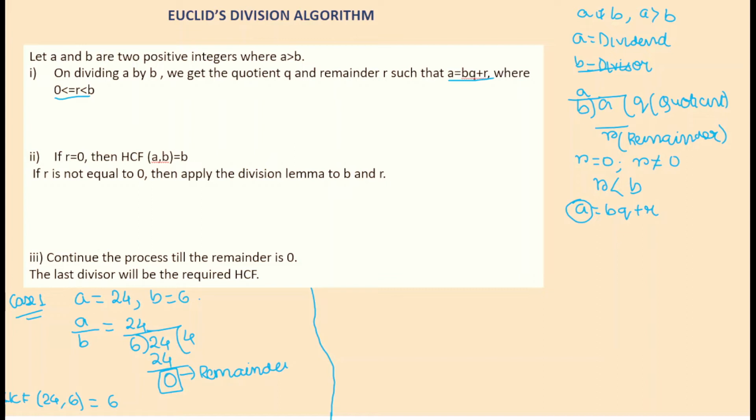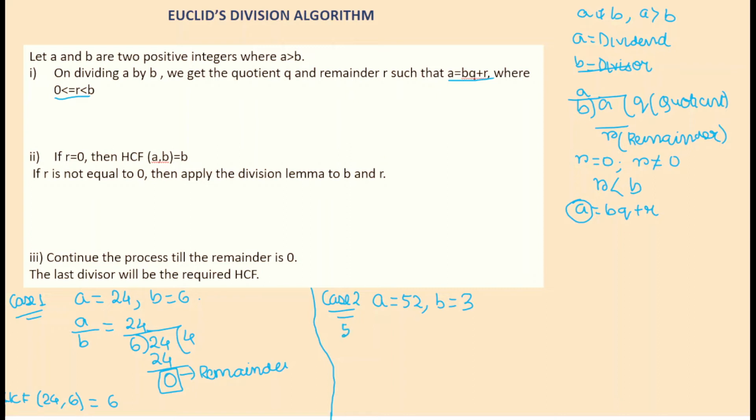So this is a simple case. Now let's understand what will happen if the remainder does not come out to be 0. Case 2: I will take A equals 52 and B equals 3. A is acting as the dividend and B equal to 3 is acting as the divisor.